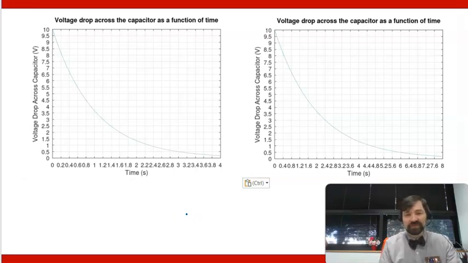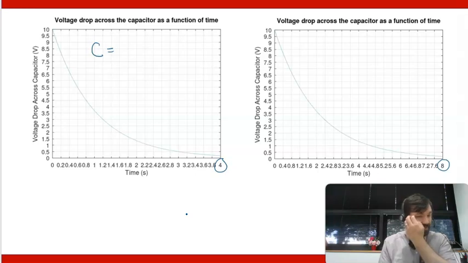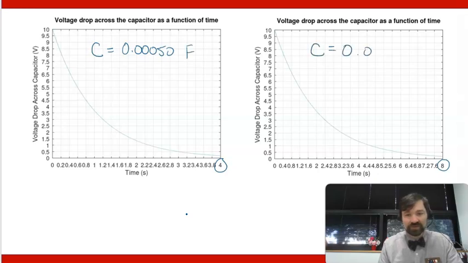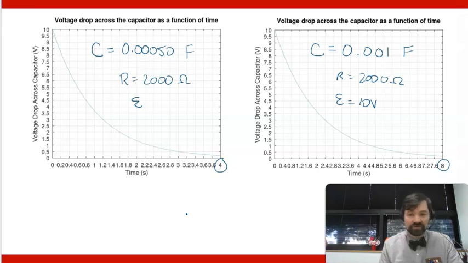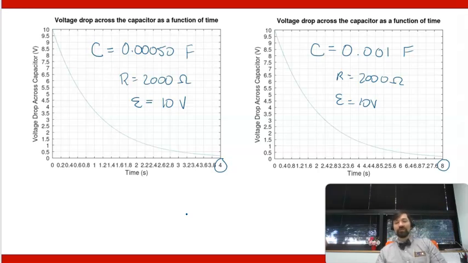Again, they look similar, but notice what happens with the time values. This one was C equal to 0.0005 farads. This one was C equal to 0.001 farads. And in both cases, R is 2,000 ohms, and in both cases, EMF was 10 volts, or initial voltage.